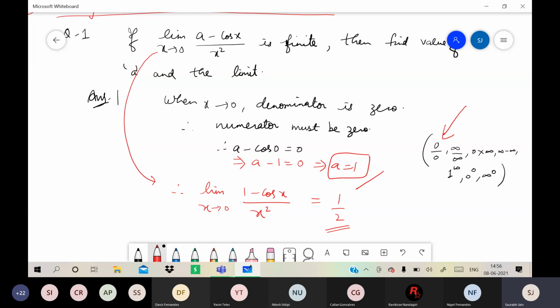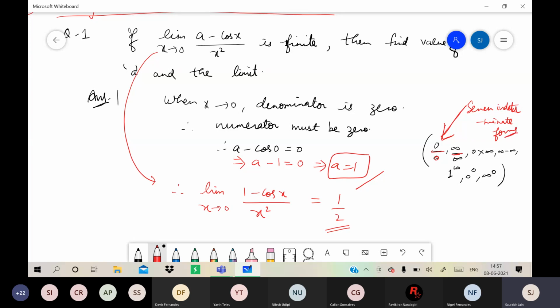So I am saying again and again, whenever you see a denominator, you have to observe whether 0 is there in the denominator or infinity is there in the denominator. And like that you have to proceed, because these are the 7 indeterminate forms in mathematics, and we solve the questions which are approaching these forms in limits, right?